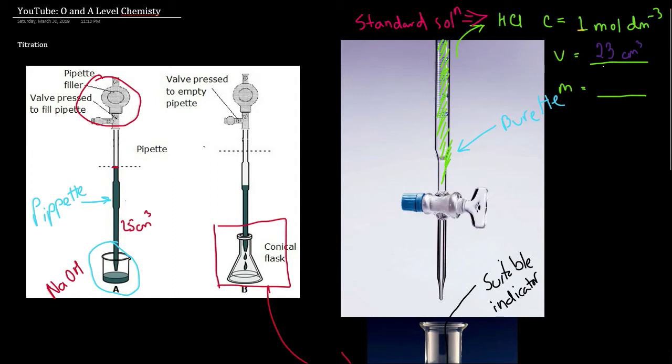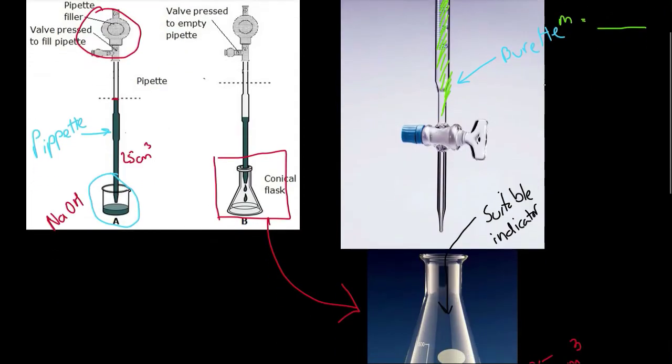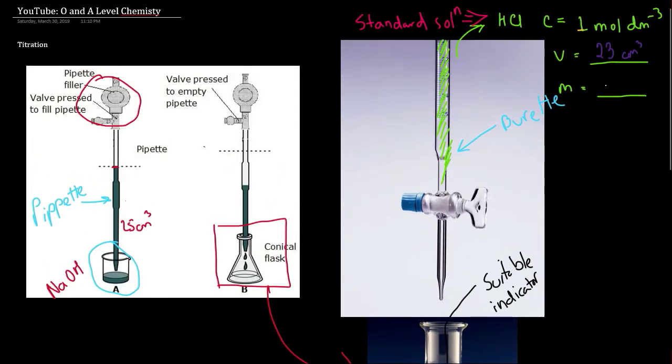So I can figure out the moles of HCl I've added because I know the volume of HCl I've added, and I know the concentration of that HCl.